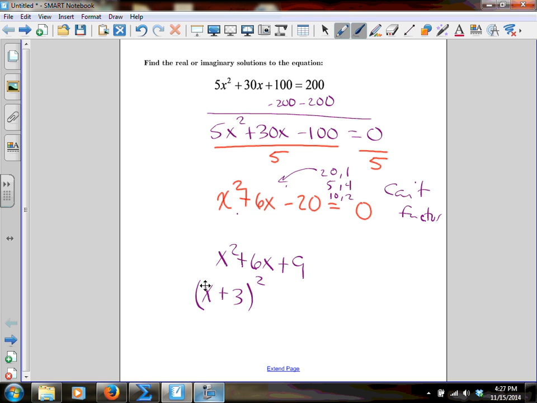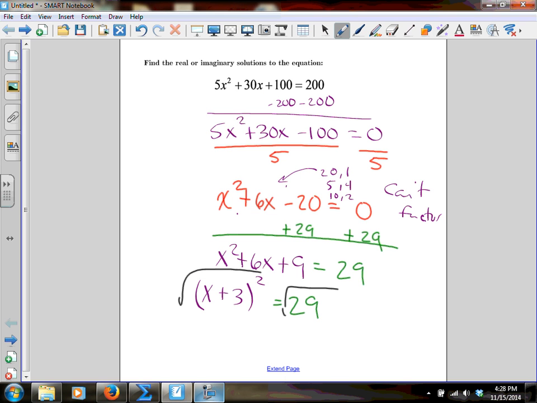In order to get there, I would have to add 29 to both sides of the equation, and I would get x squared plus 6x plus 9 equals 29. Now that I've completed the square, I can use the square root method to solve this. So that would be taking the square root of both sides. I would get x plus 3 equals plus or minus.